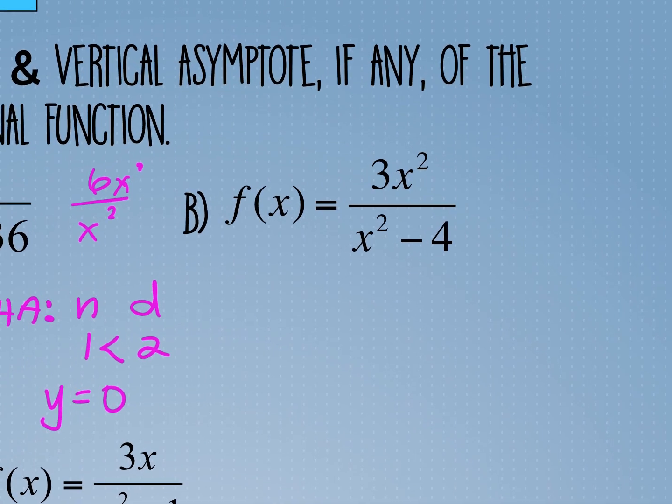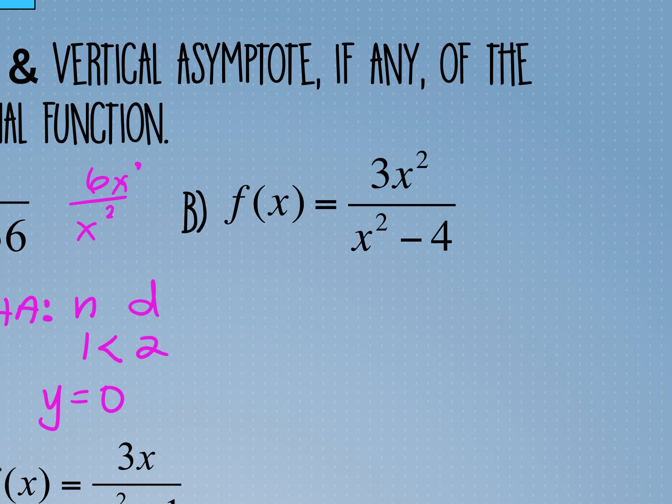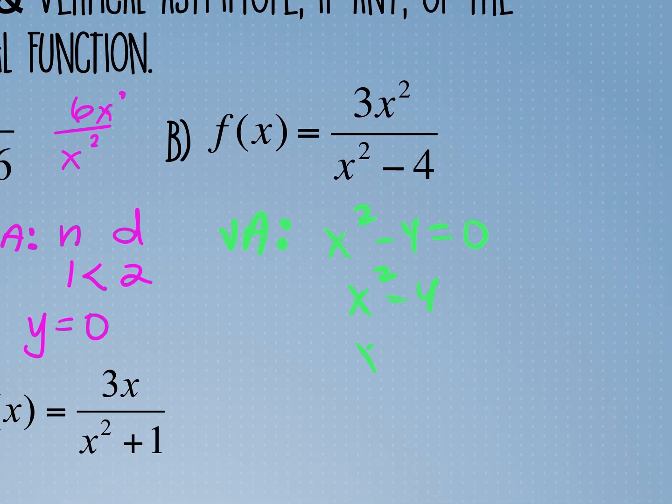So let's look at letter B. Let's find our vertical asymptotes. When you find your vertical asymptotes, you're also finding what? Domain. Good. I'm going to say that a million times. So x squared minus 4 equals 0. x squared equals 4. Vertical. Good. Plus or minus 2.